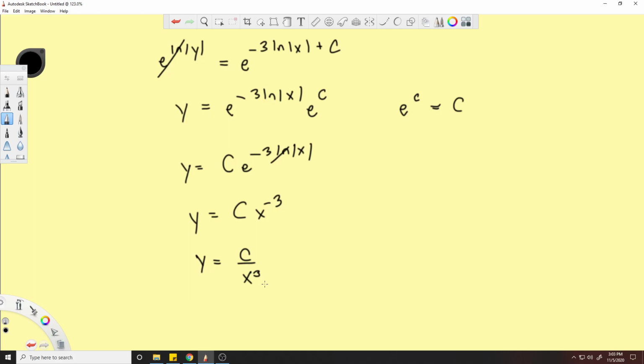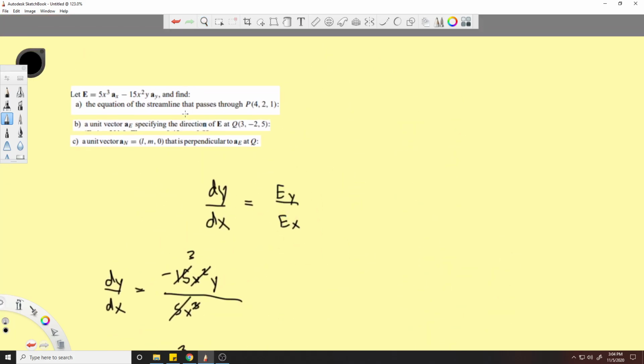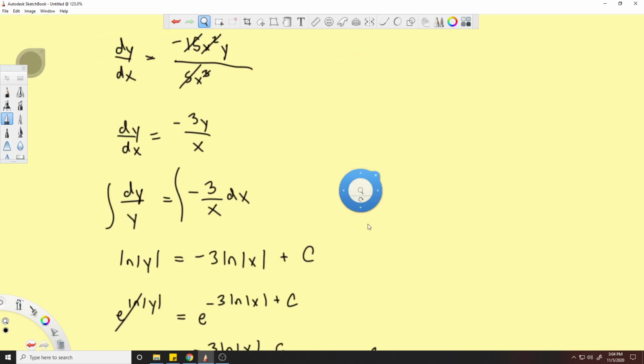All right, now this is the equation for the streamline. Now we need to find the streamline equation that passes through P, which is (4, 2, 1).